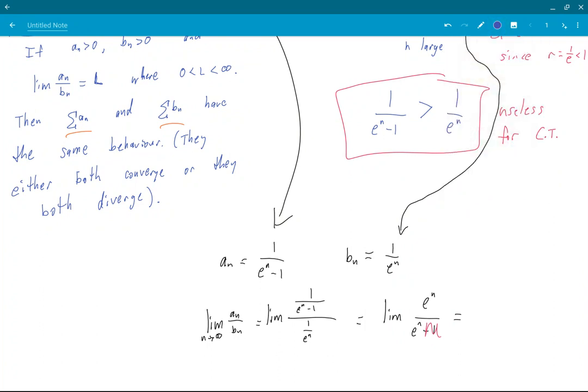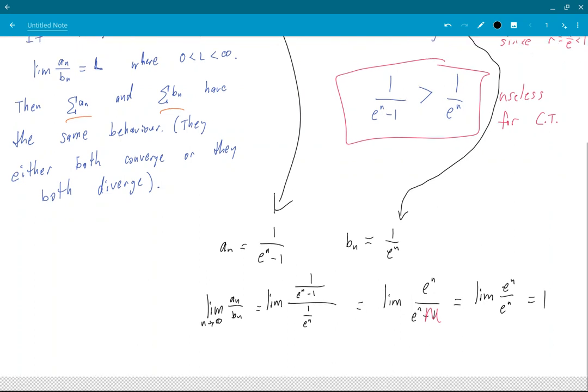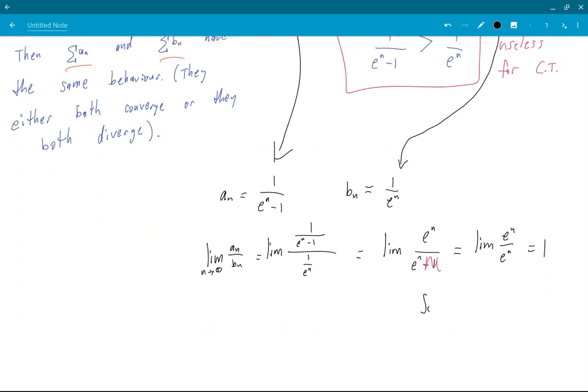So we drop the non-dominant terms. Then we get 1. So L is equal to 1, and that is certainly between 0 and infinity.